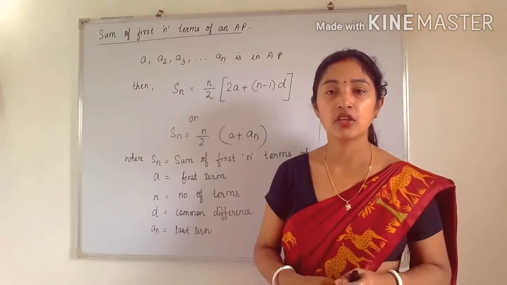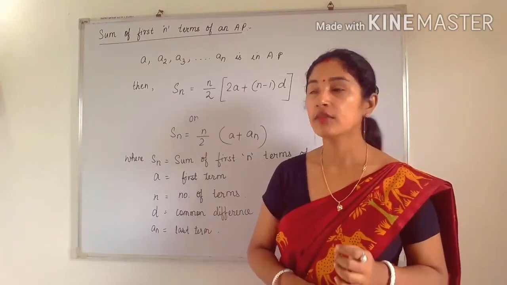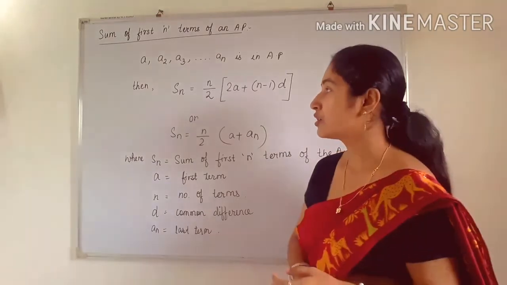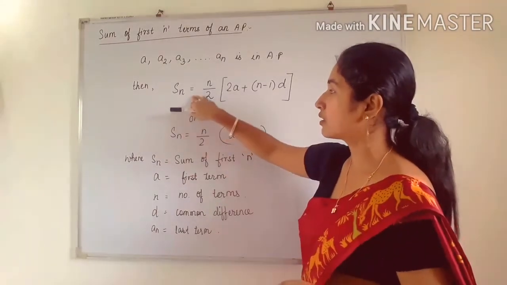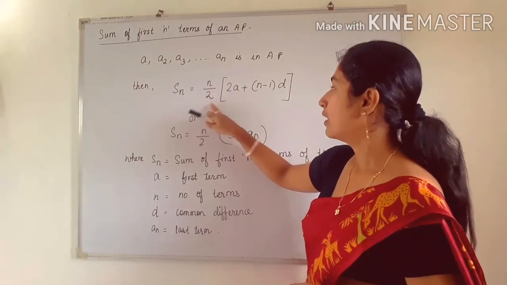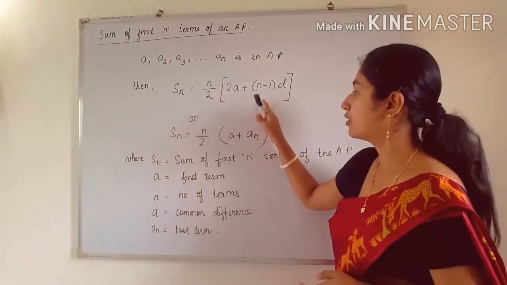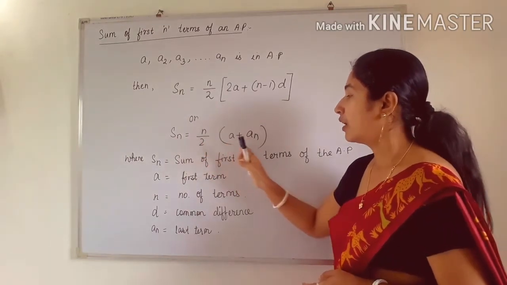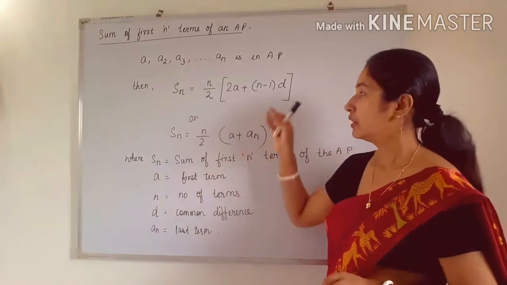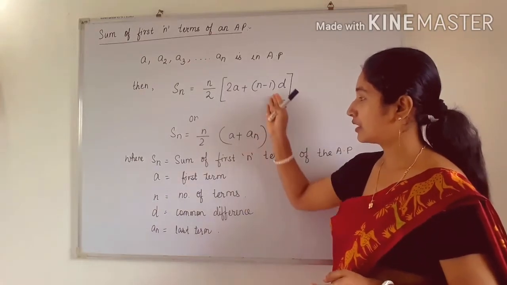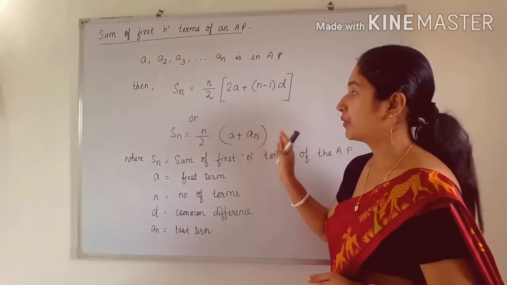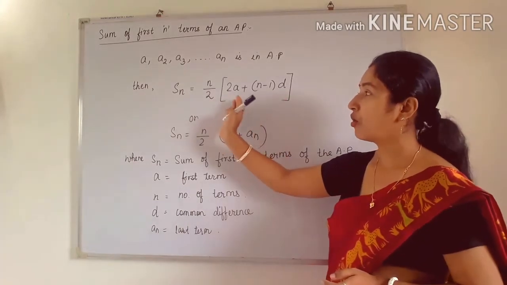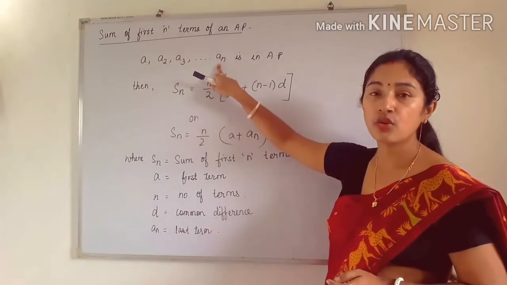So for that only we need a formula. There is a derivation in your book. By using the derivation, finally we got a relation, and the relation is like this: Sn is equal to n by 2 in bracket twice a plus n minus 1 into d, or we can write it as Sn is equal to n by 2 in bracket a plus an. So these are the two formulas. We will first use this formula when the last term, the an, is not given.